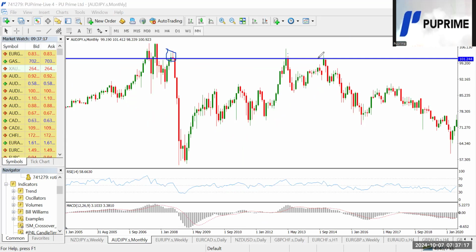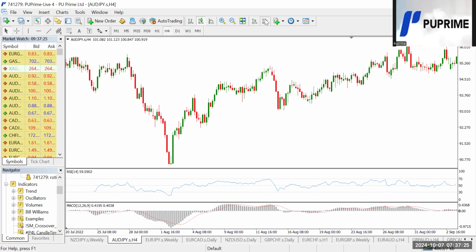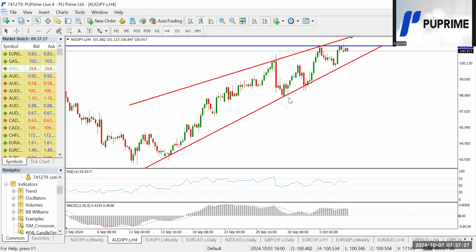This level has been holding since 2008. That's where price is at the moment. So if price cannot break out above it, then the next thing we expect on the 4-hour is an opportunity to sell. And it's very much in line because we're looking at buying Euro USD and we're looking at buying Euro AUD and GBP AUD. So technically it's right if we have an opportunity to sell on the GBP JPY.